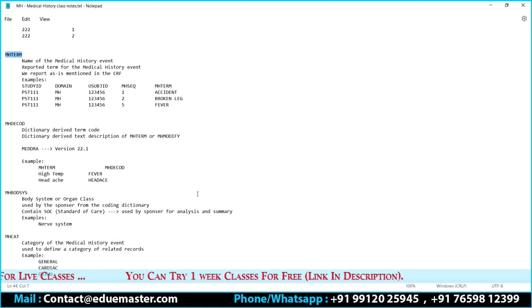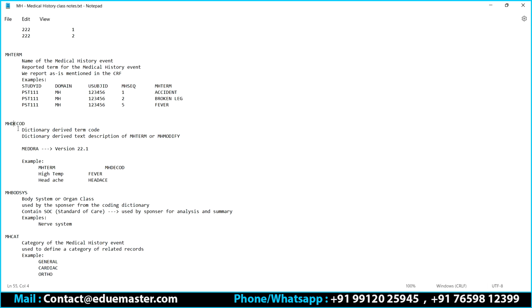For each term, there is a medical dictionary derived term. That medical dictionary derived term is stored in your MHDECOD. D stands for dictionary, COD for code. It is a derived dictionary code. So what is the derived dictionary, and who maintains this? MedDRA.